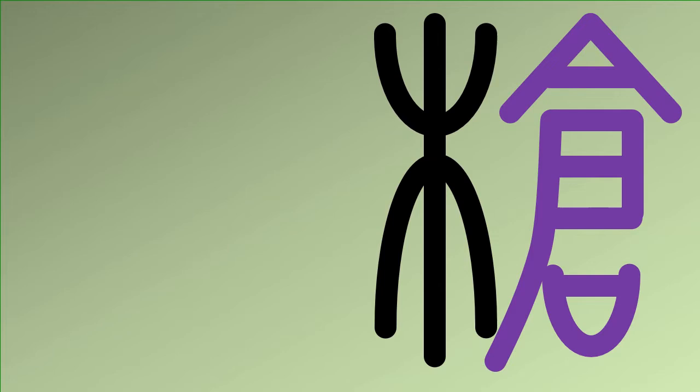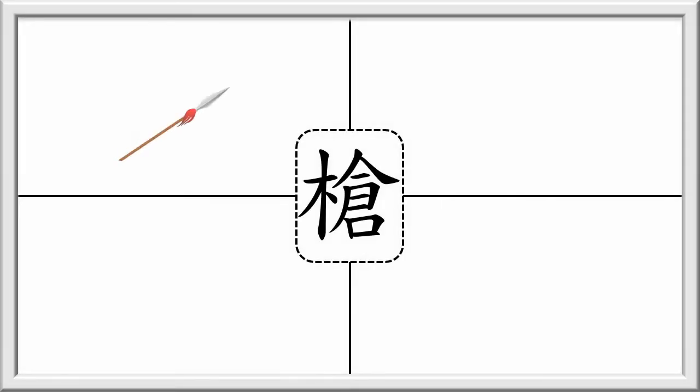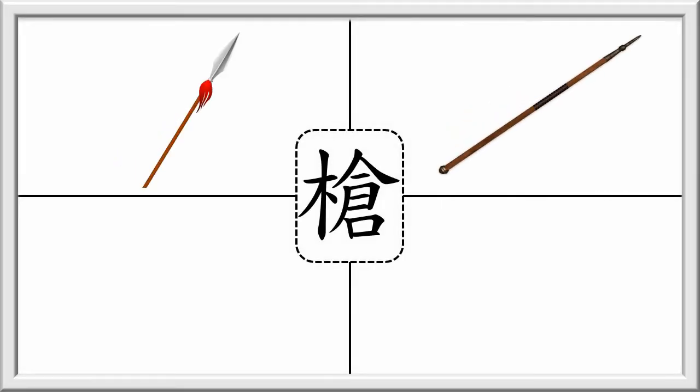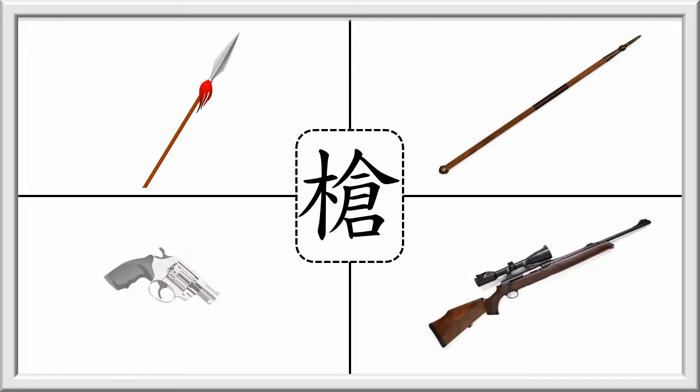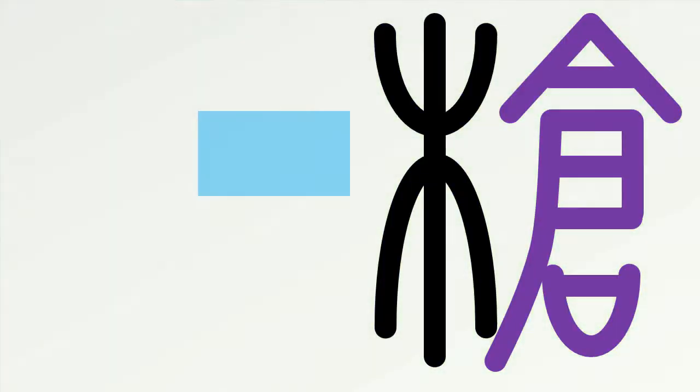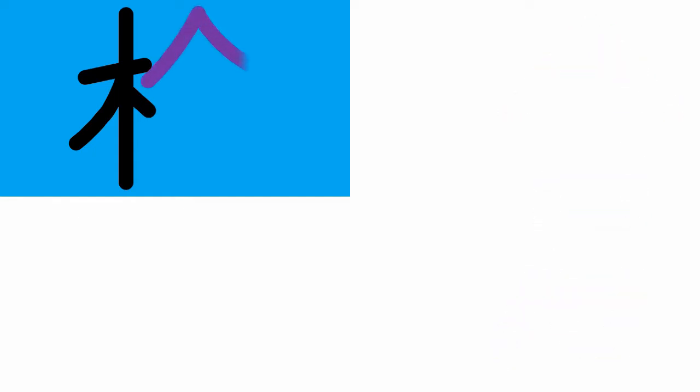Being made of wood, its original meaning was a spear, lance, or javelin, but as fancier weapons made of metal were invented, it now also means a rifle, pistol, or gun. This character is pronounced first tone, 枪, 枪.